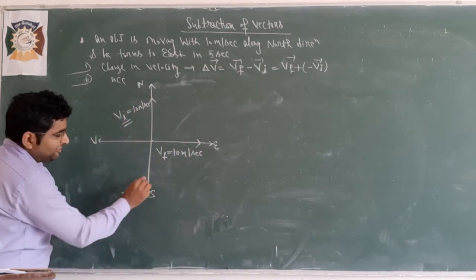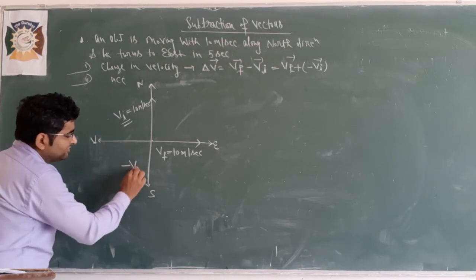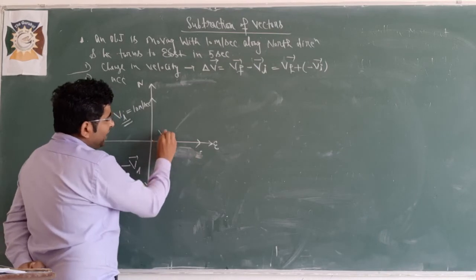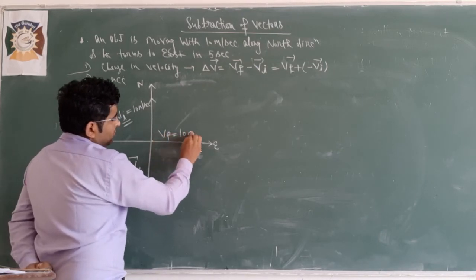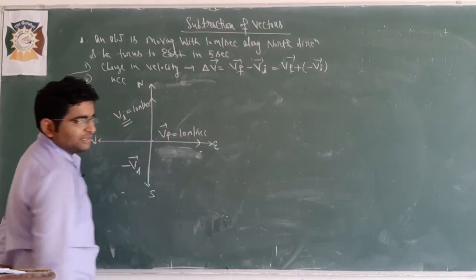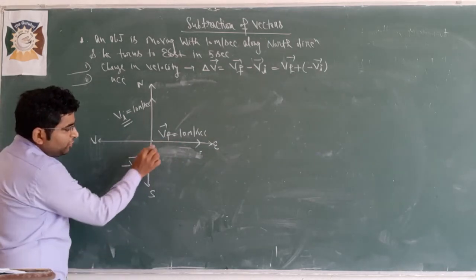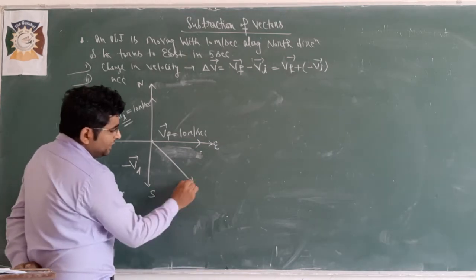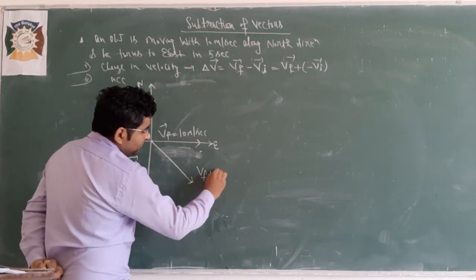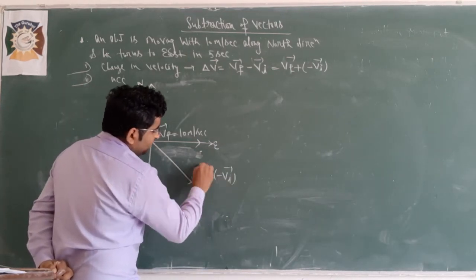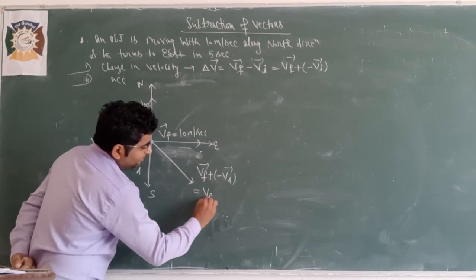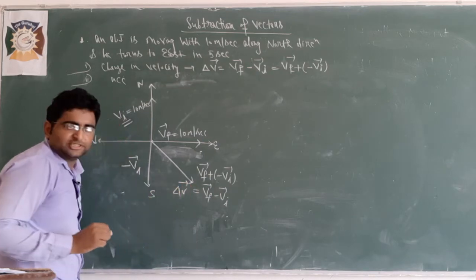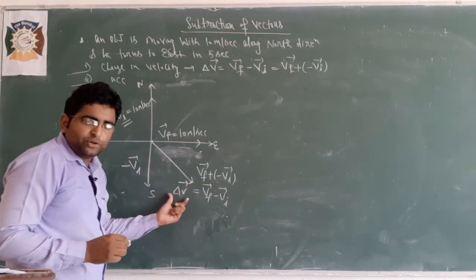So negative of Vi will go downward. It is minus Vi. Clear? It is Vf, 10 meter per second. So beta the resultant of these two vectors will be this. Clear? And it is equal to Vf minus Vi, and it is change in velocity. Clear? So beta, how will its magnitude be calculated?